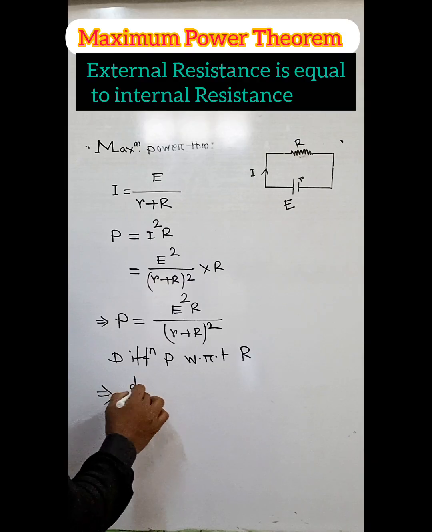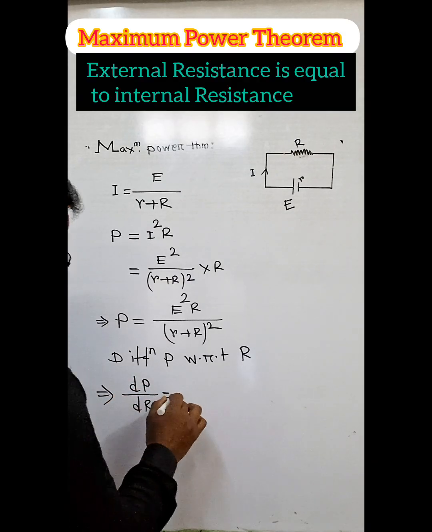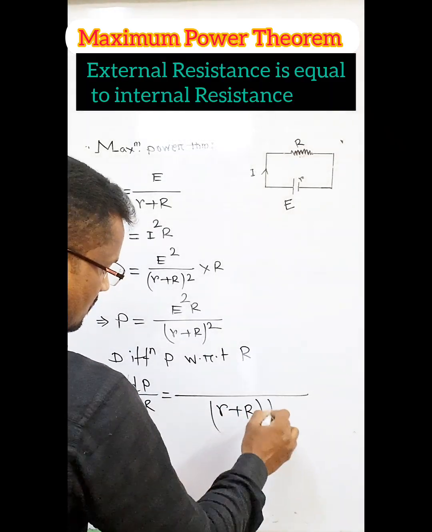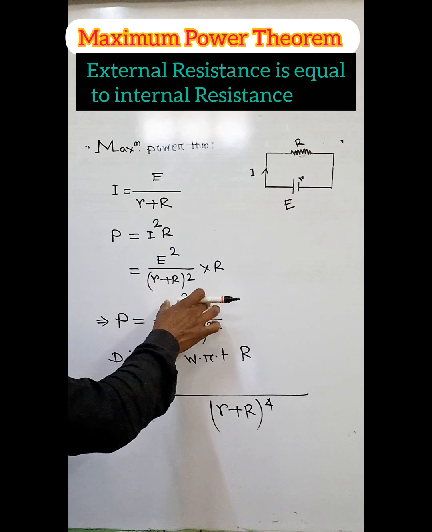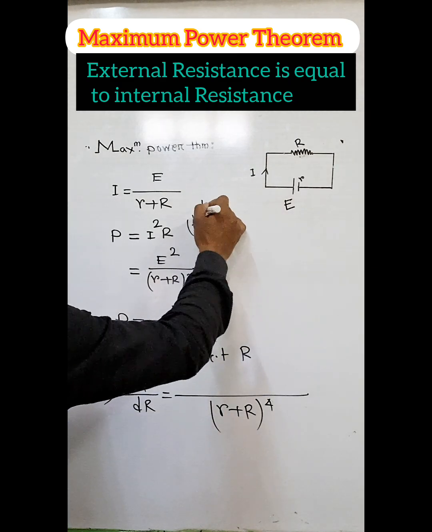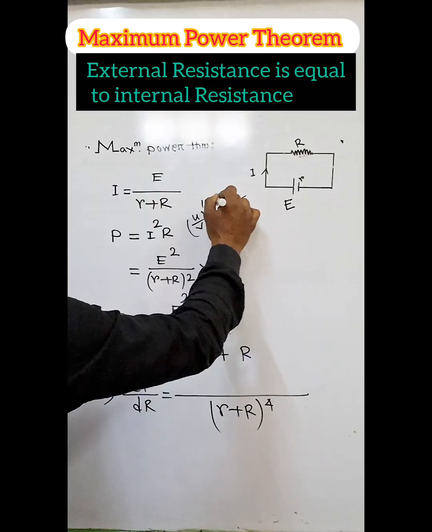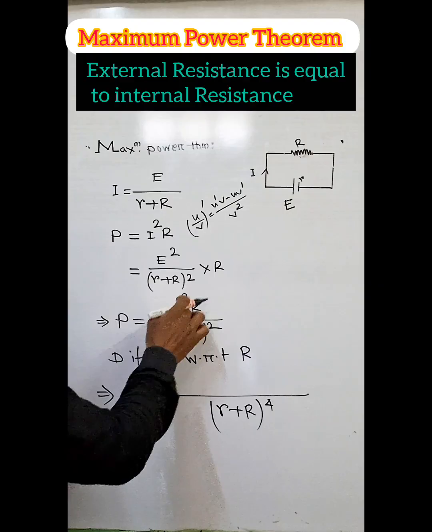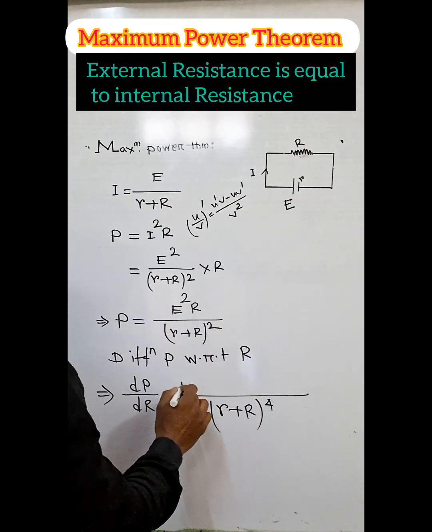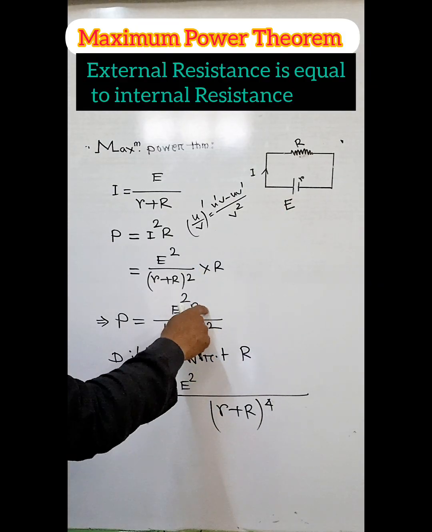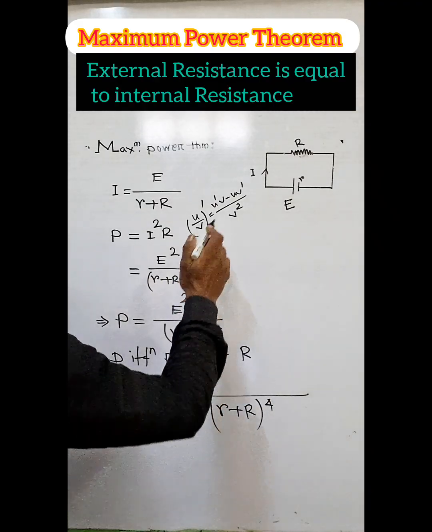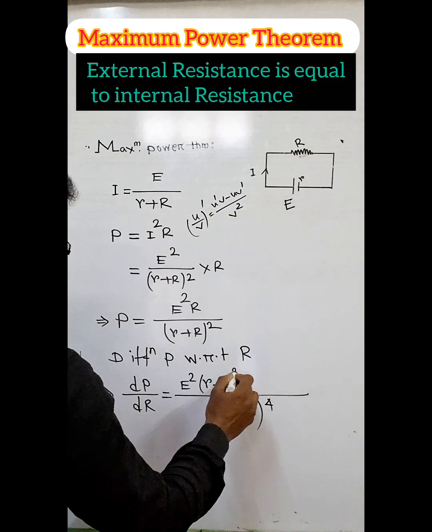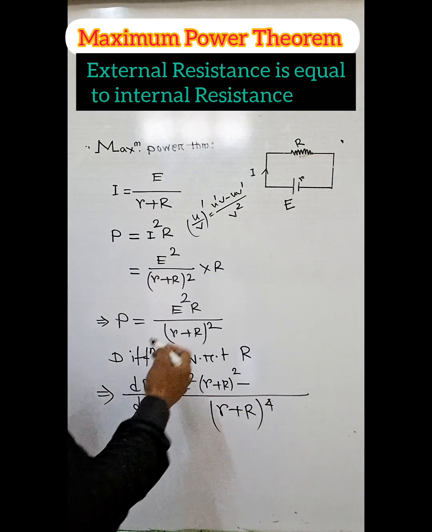Then use the quotient rule. dP by dR equals, the denominator is whole square, so you will get (r plus R) whole to the power 4. Derivative of the numerator: we are using the formula (U by V) dash equals (V U dash minus U V dash) by V square. The derivative of the numerator, E is constant here, EMF of the source is constant, so this will be only E square, because derivative of R with respect to R is 1, into V, the denominator, (r plus R) whole square, minus U into V dash.